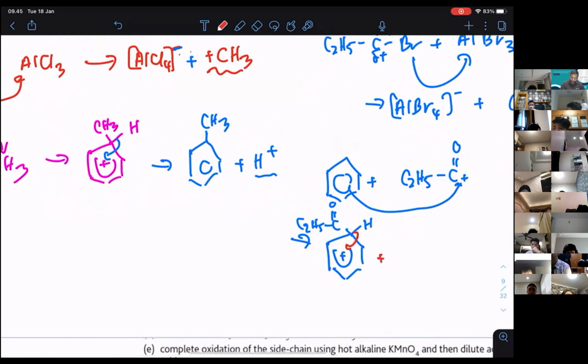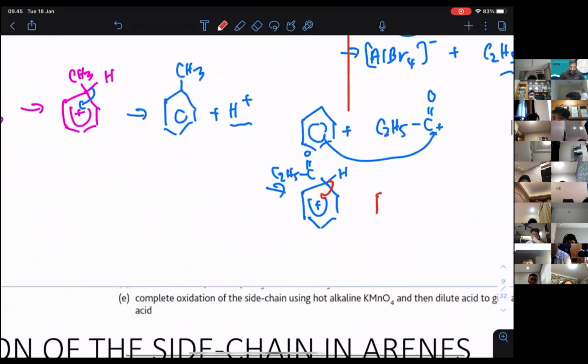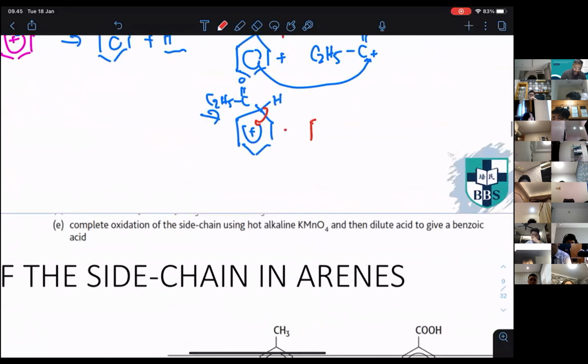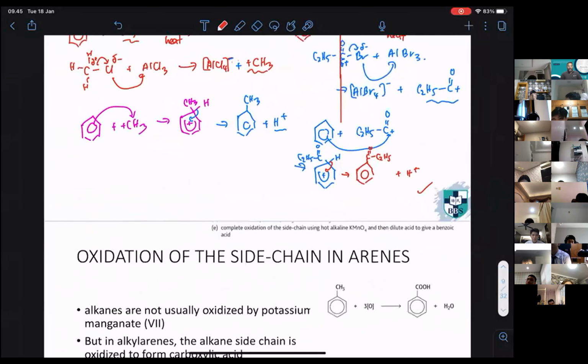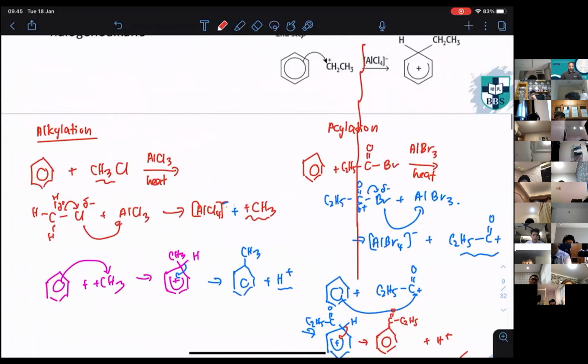So you are going to have this one, and then C double bond O, then C2H5, and then plus H plus. Done.